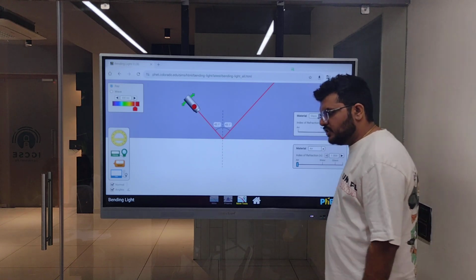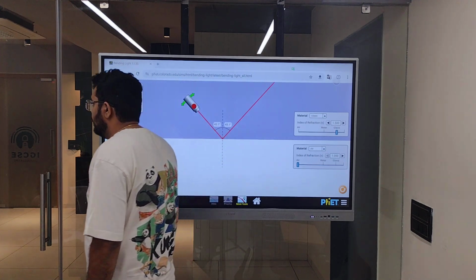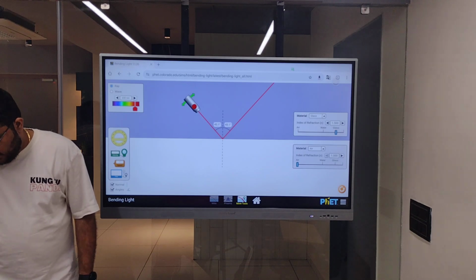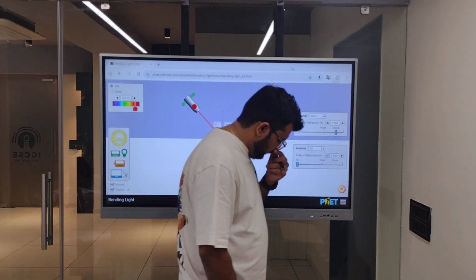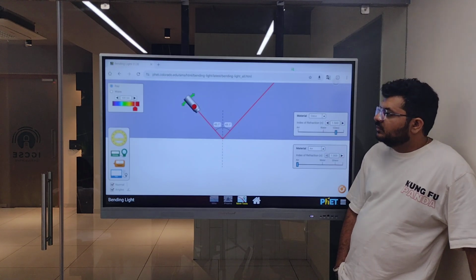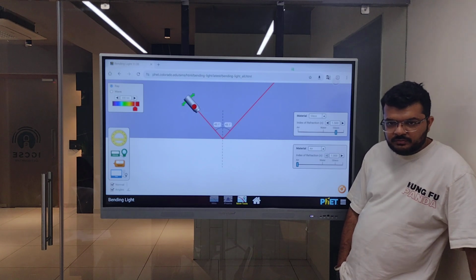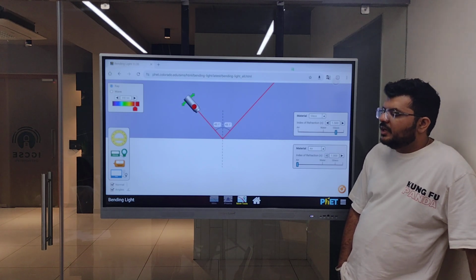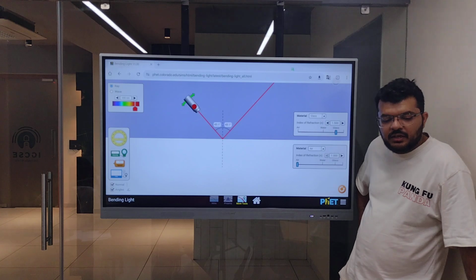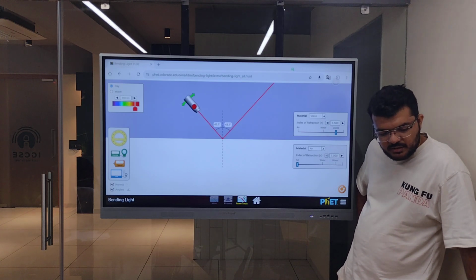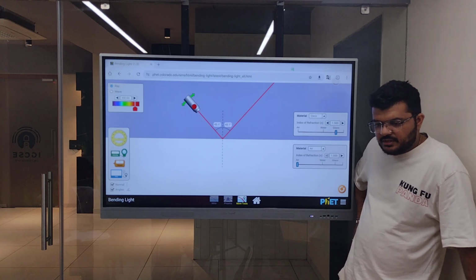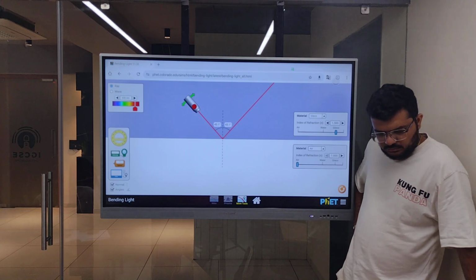If the angle of incidence is greater than the critical angle for light going from denser to rarer medium, traveling, incident in the denser medium towards the rarer medium.